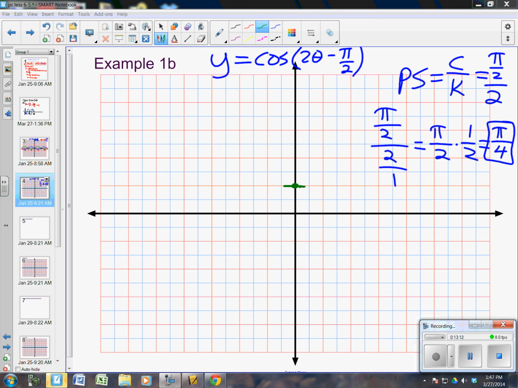Okay, there's 1, 2, negative 1, negative 2, and here's pi fourths, pi halves, 3 pi fourths, pi, 5 pi fourths, and 3 pi halves, and 2 pi. Negative pi halves right here.